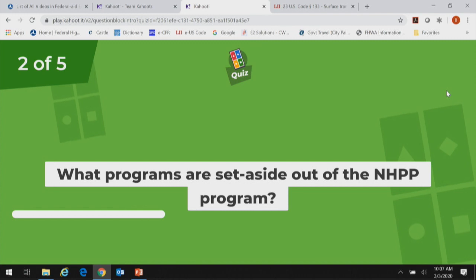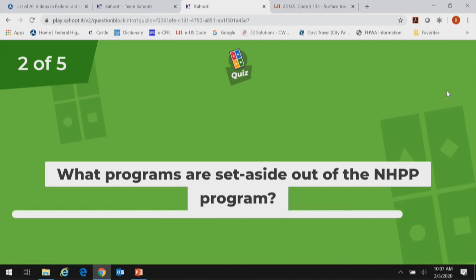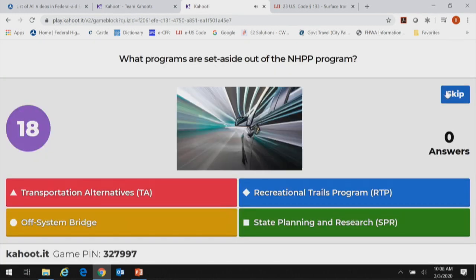Okay, number 2, what programs are set aside out of the NHPP program? There's only one.